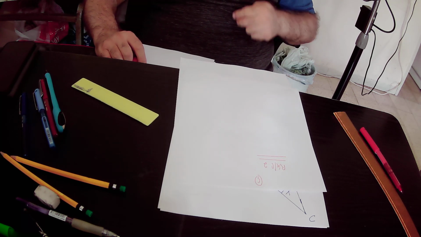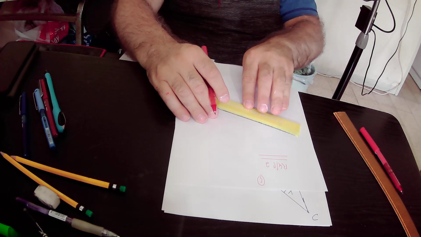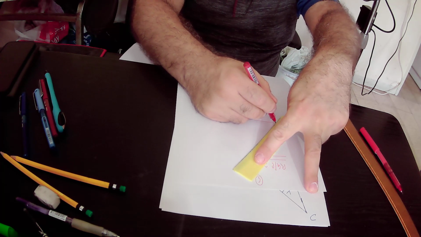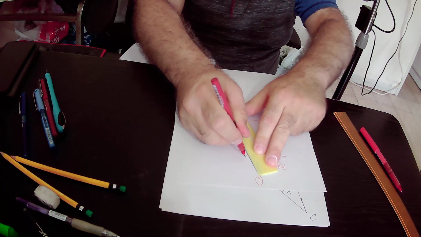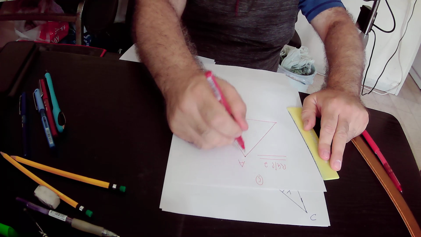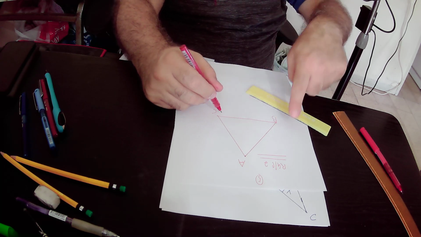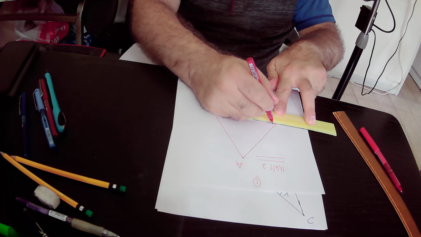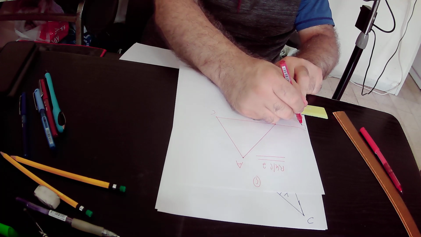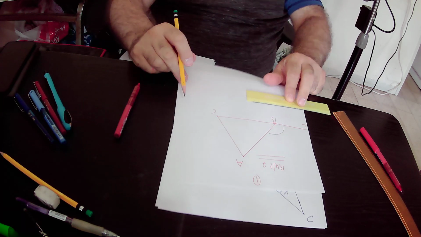Actually, if we have triangle ABC, we will extend side BC, so this will be L. So we have this angle ABL.